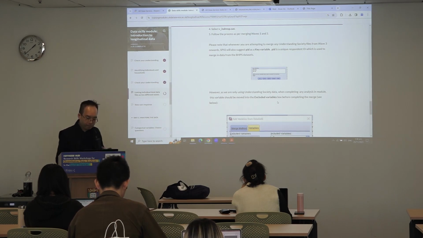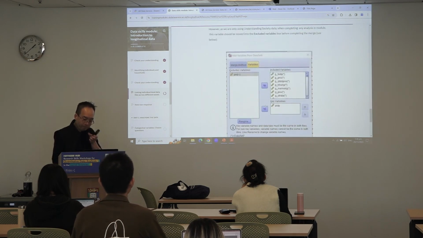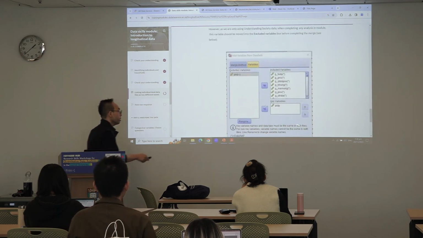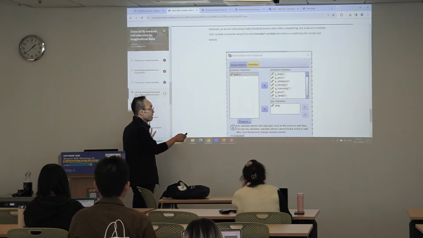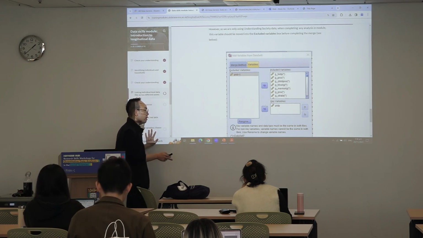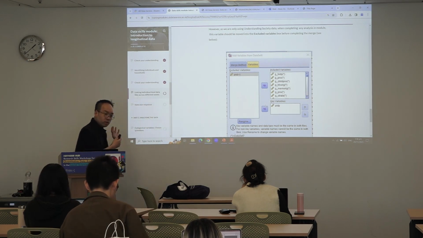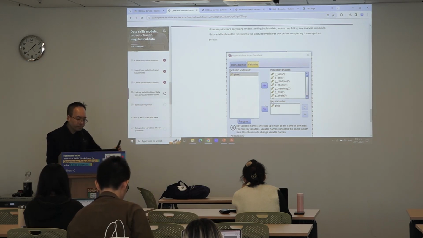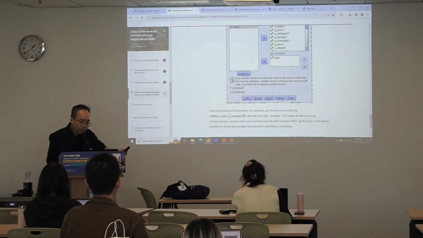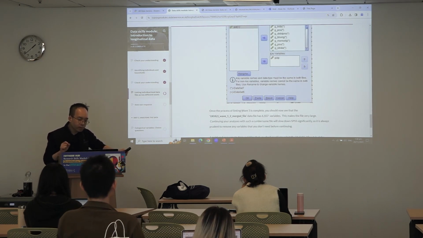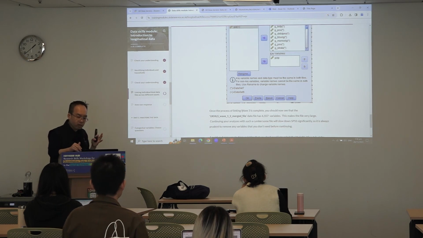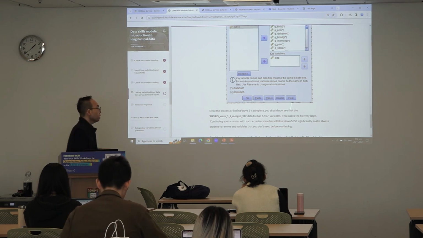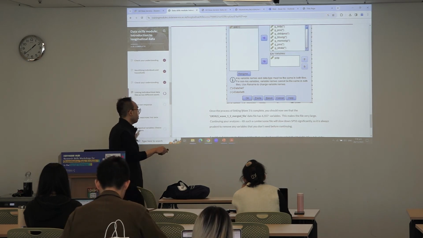What does that mean? If we are only using this one, then the suggested one will be removed, and then it will be put back to whatever it was before, okay? So here's what's going on. Once the process of linking these waves is complete, you should now see the merged file.